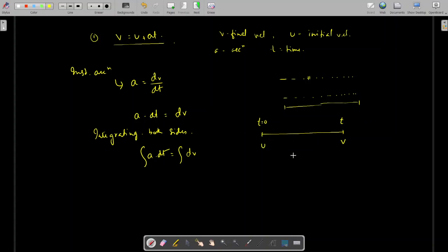During this whole process your acceleration was a, and the velocity changes from u to v.